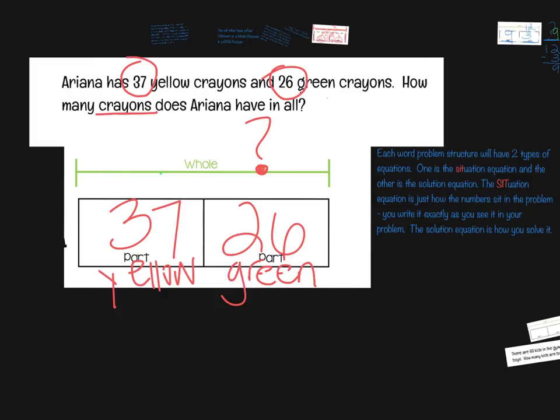Now, once you put your numbers in your strip diagram, when you stick it in your structure, you see right away what you have to do in order to solve it. So if I have 37 and I have 26 and I'm looking for this whole, class, what am I supposed to do with those two numbers? Absolutely right. You are supposed to add those numbers together. So let's do that.